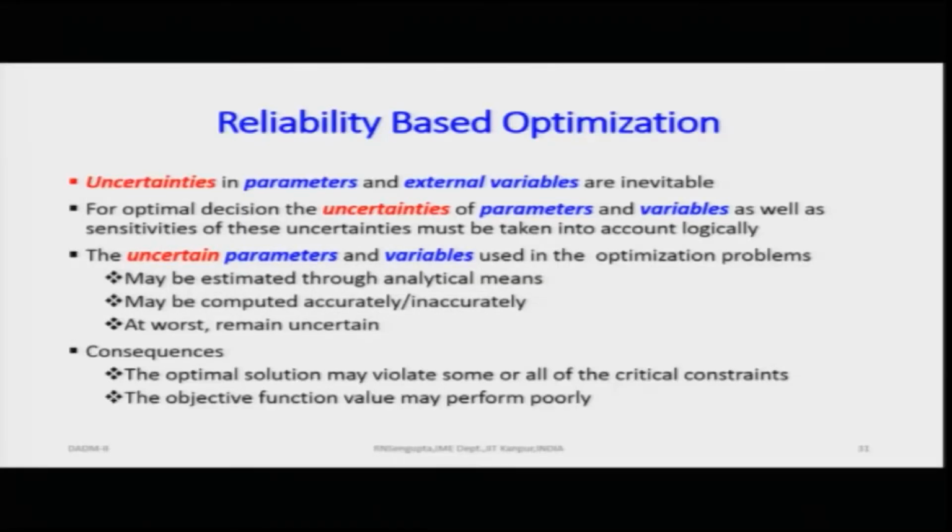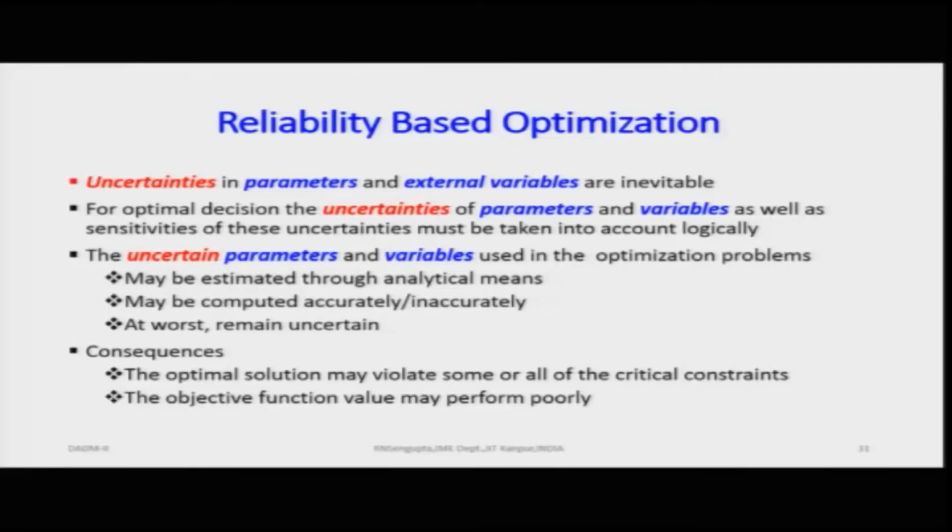And the worst case scenario would be where you do not have any mathematical formulation to solve them, you do not have any simulation result, you cannot assume any values, they are just kept uncertain, and you have to proceed with the problem in order to consider those uncertain values in your optimization problem. What are the consequences?